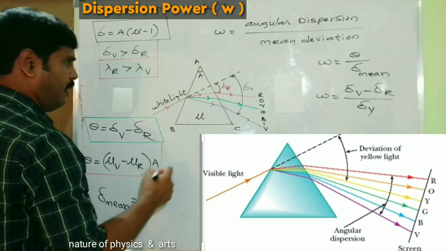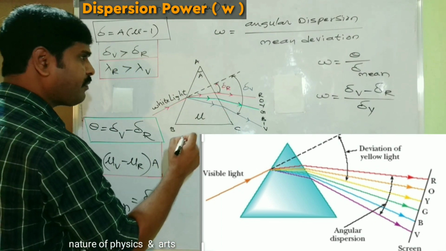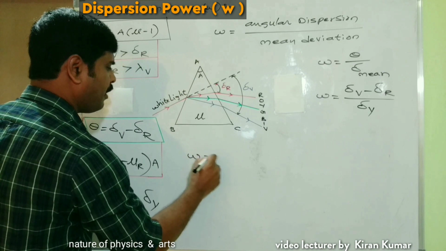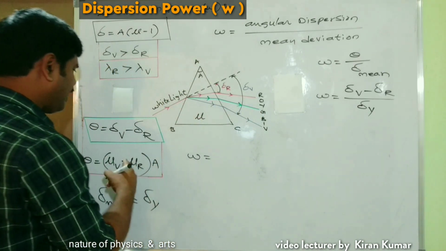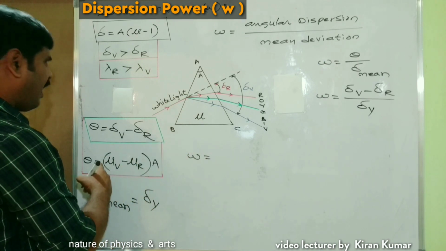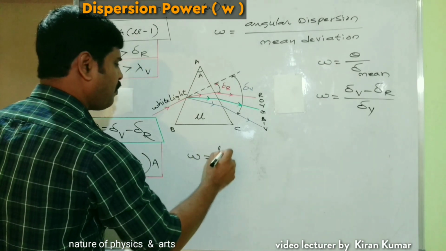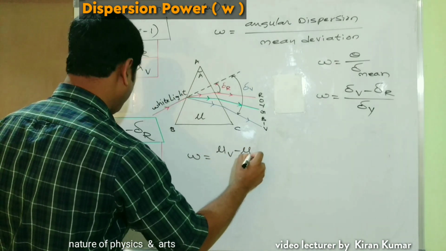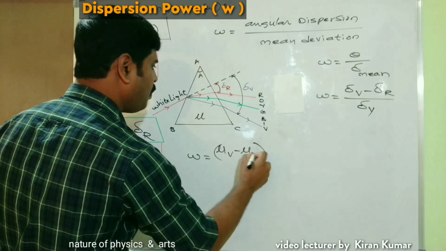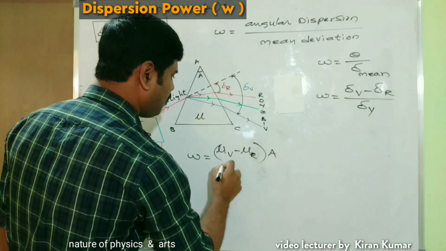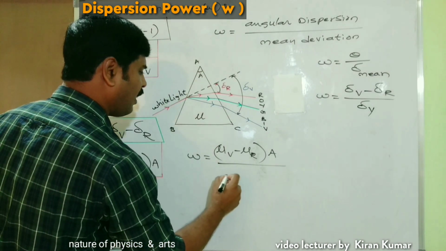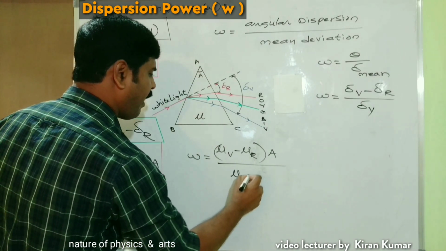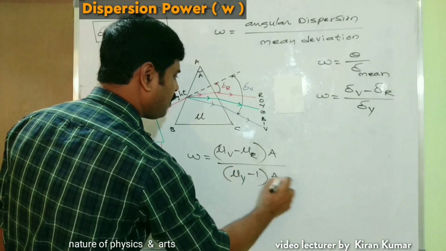Now we are writing here omega, which is equal to, the values are del v minus del r, that is mu v minus mu r into A, divided by the deviation angle of yellow color, that is mu y minus 1 into A.